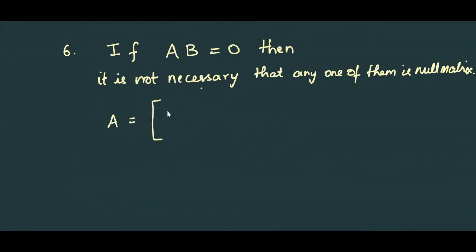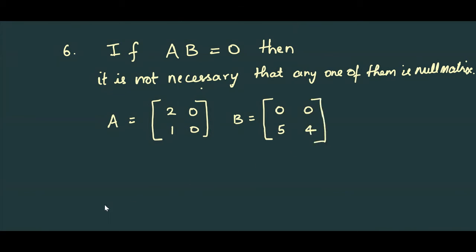Say A is [2 1; 0 0] wait, A is [2 1; 0 0] and B is [2 0; 0 1]... and B is [0 0; 5 4].